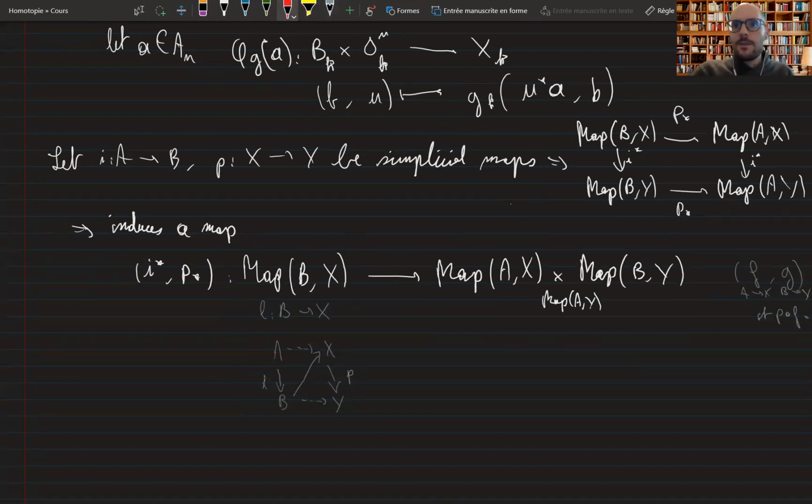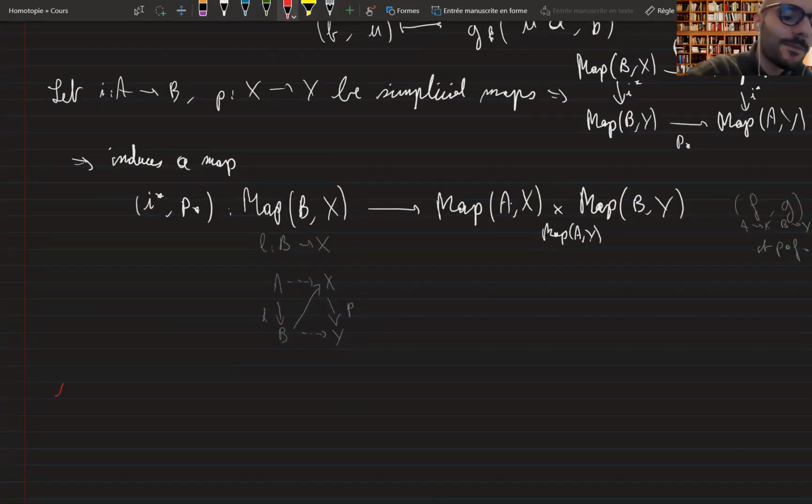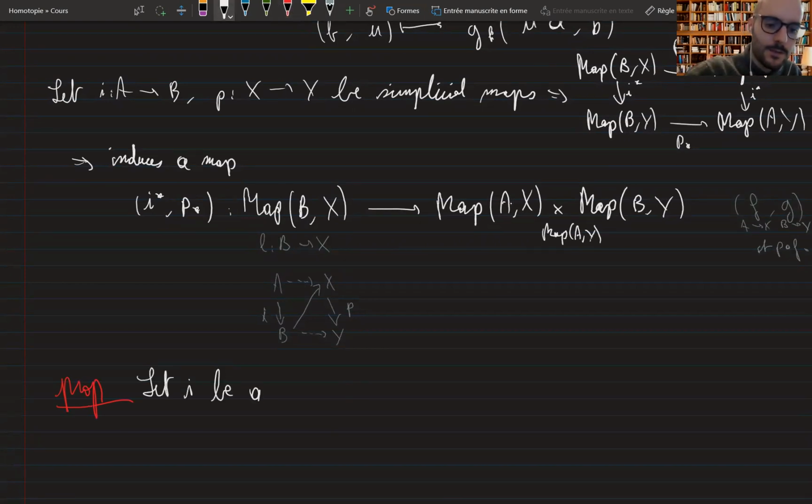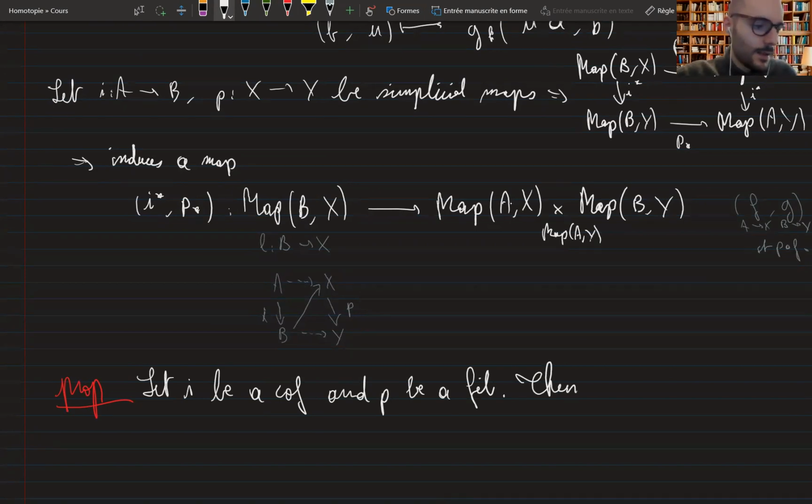And so we get to the big proposition. Let I be a cofibration and P be a fibration. Then I upper star, P lower star is a fibration.